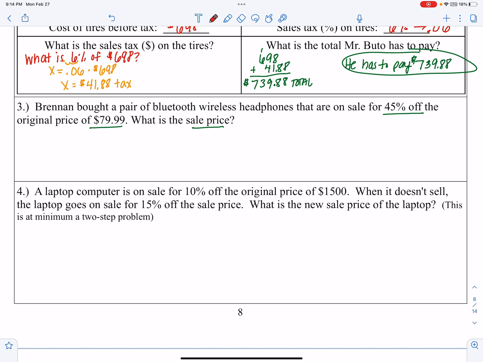The original price was $79.99. There's a 45% discount. Okay, so again, we're wondering, what is 45% of $79.99. It's that same template question.